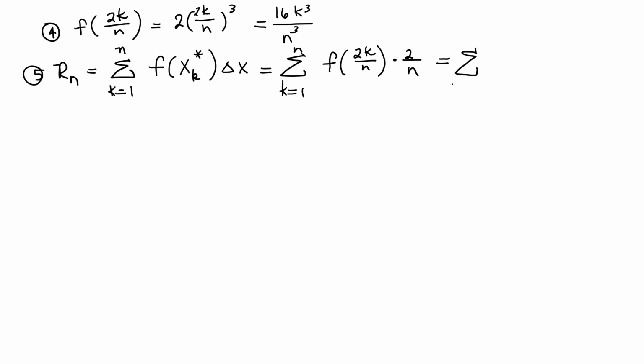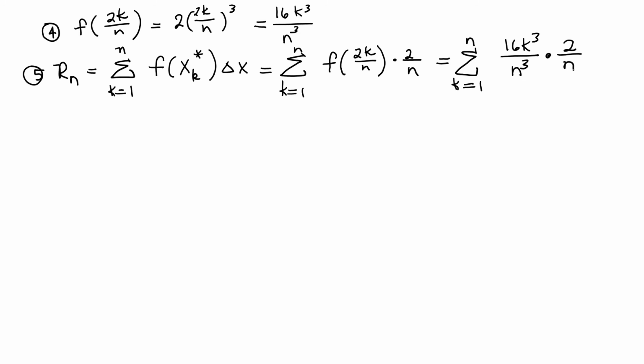Continuing, we still have the summation. As k goes from 1 to n, we just computed the f at 2k over n. That was 16k cubed divided by n cubed, and we still multiply that by 2 divided by n.